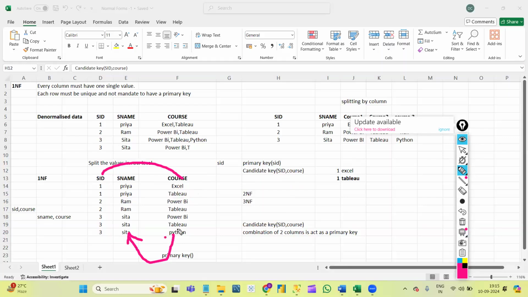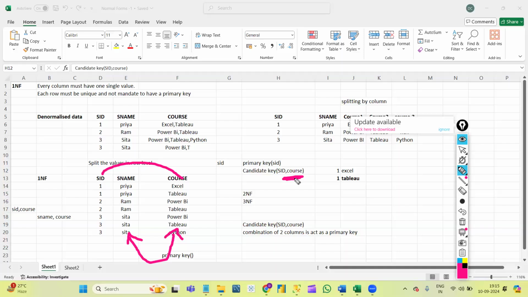I can use any columns, but I need to use only two columns, whatever columns I'm using to create a candidate key. Collectively, both columns' data should follow the primary key rules. I hope this is clear for everyone.